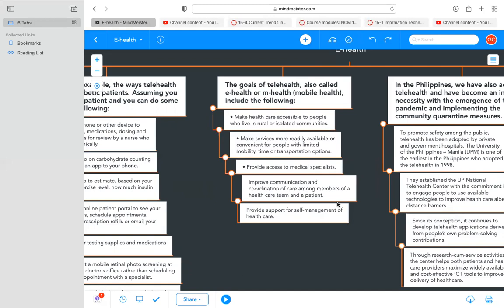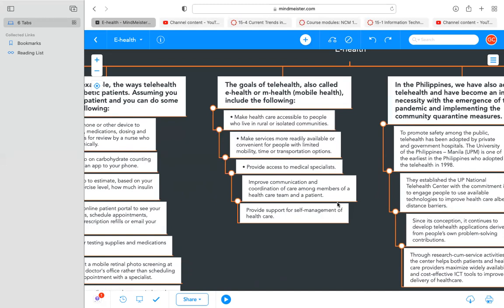And another goal is to make services more readily available or convenient for people with limited mobility, limited time, or limited transportation options. Also, providing access to medical specialists, access to these informations online, thus improving communication and coordination of care among members of the healthcare team.